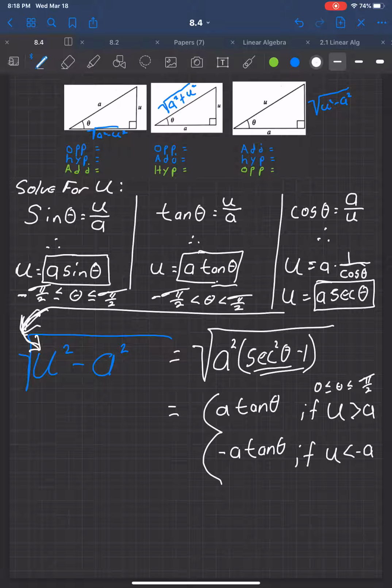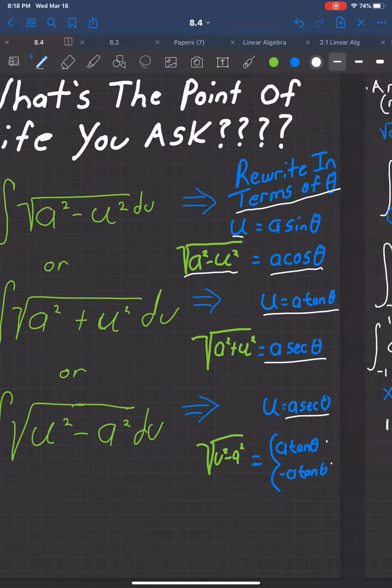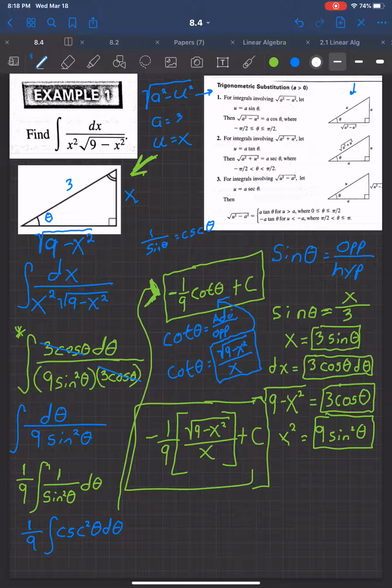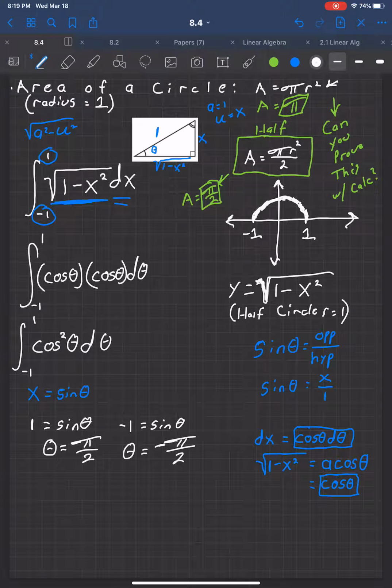And then the bottom piece applies for when theta is from pi over 2 to pi. All right. Well, actually, it's right here. I could have referred right to the cheat sheet that we had.